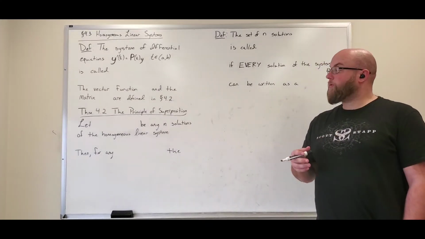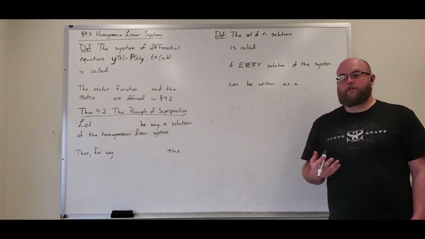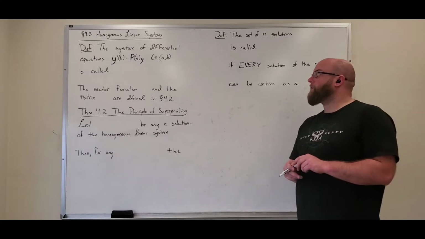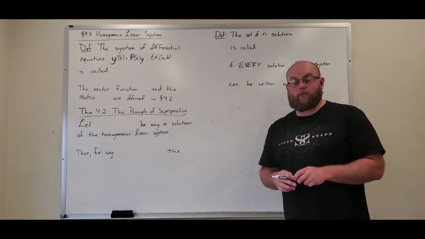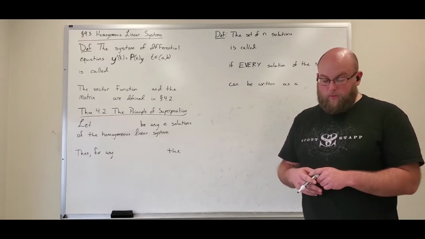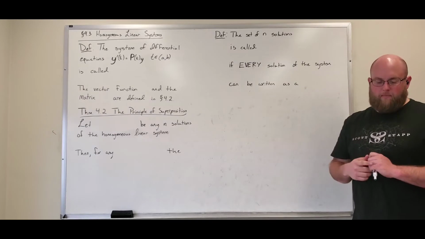But what we're going to do is first investigate the properties of homogeneous linear systems, because that's how we've always started things off, because they're really nice differential equations to work with. And then we're going to develop a method for solving those with constant coefficients. Again, we're doing a step-by-step process here.